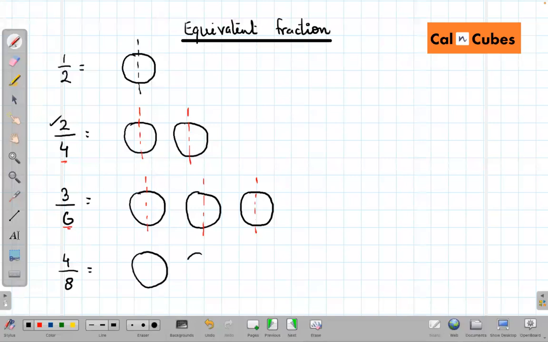So now I have how many apples? 4 apples. And how will I distribute it to 8 people? Ma'am, we should cut it into half. Very good.